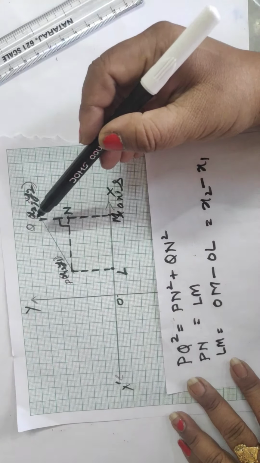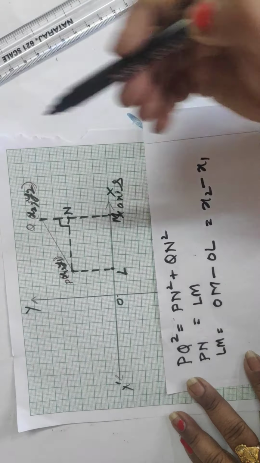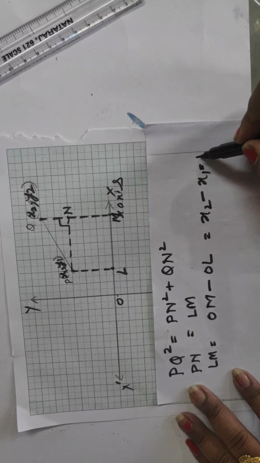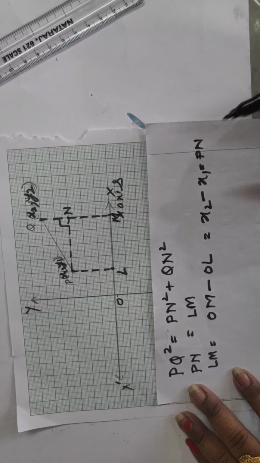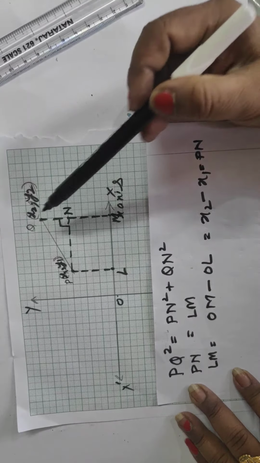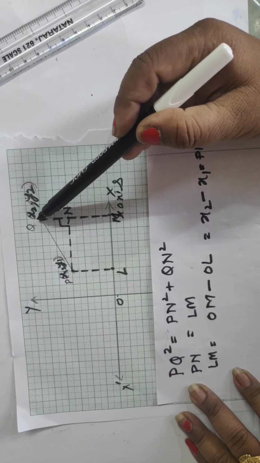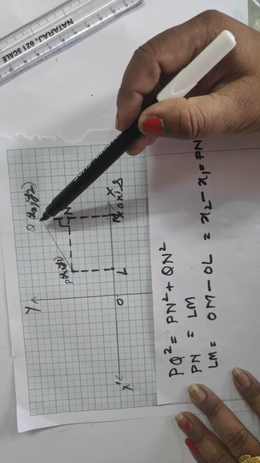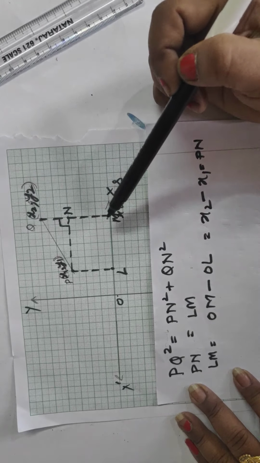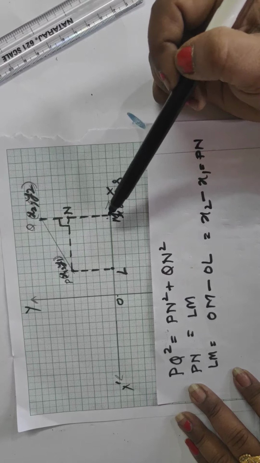Now, to find out the value of QN, QM is here, that is y2. See, this is the point y2, and we need to find out QN. What is QN?